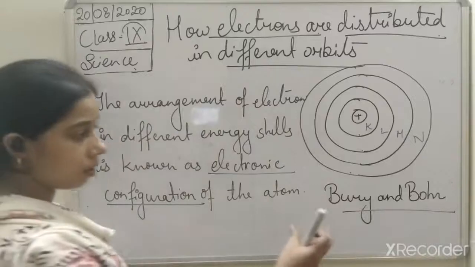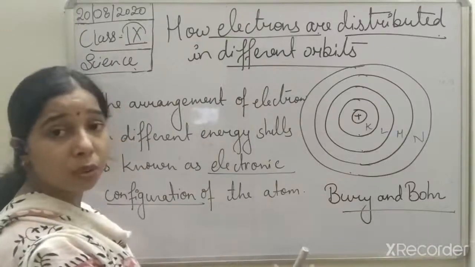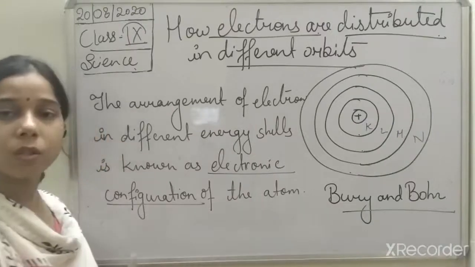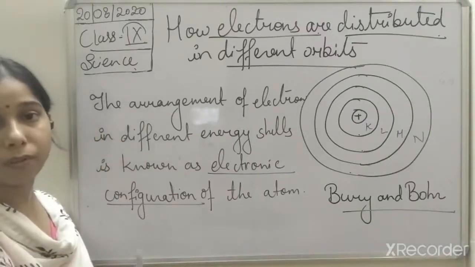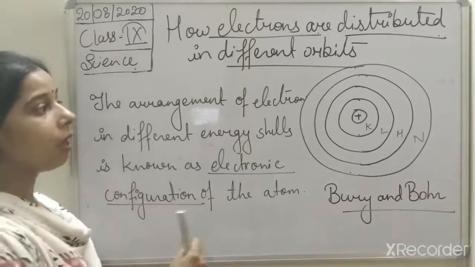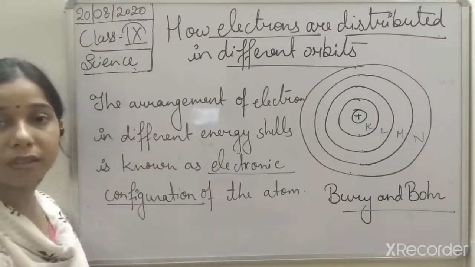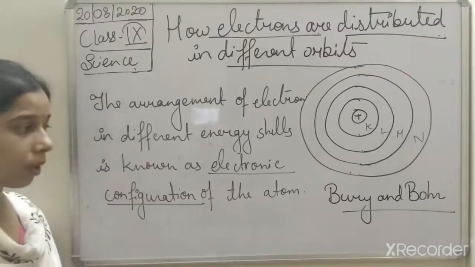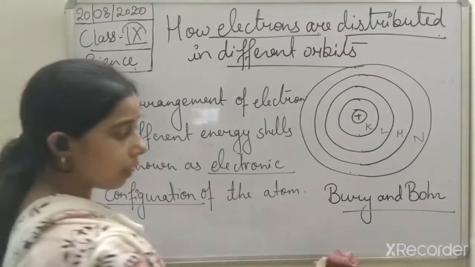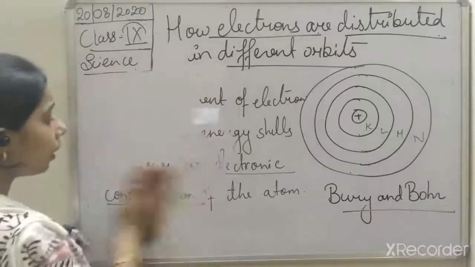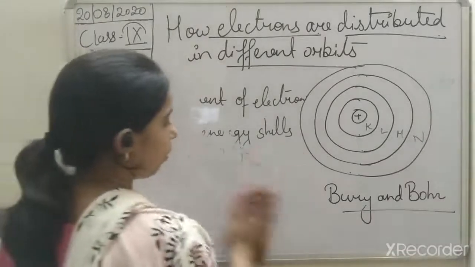This set of rules is also known as the Bohr and Bury scheme. Basically, these are the rules we follow while distributing and arranging the electrons in the different energy levels.